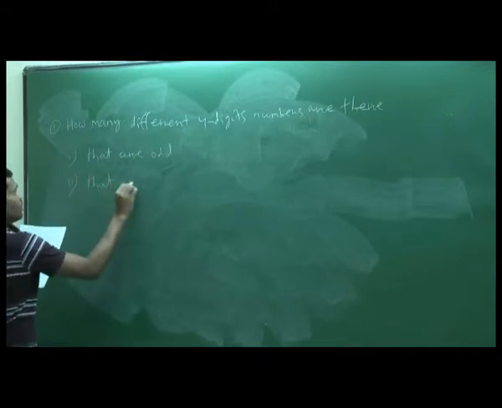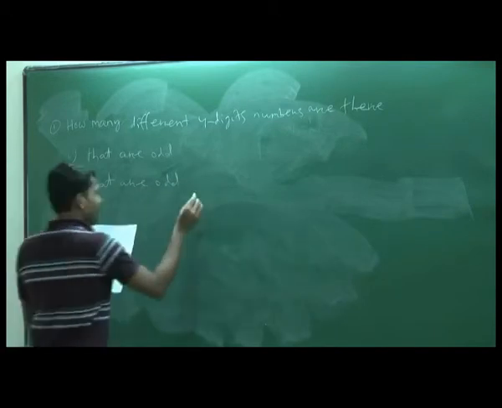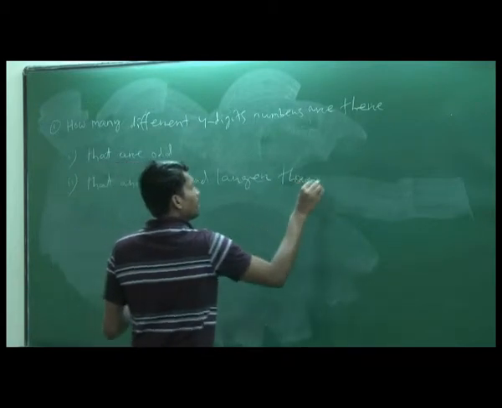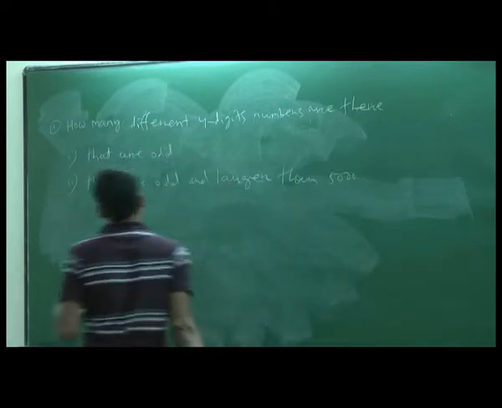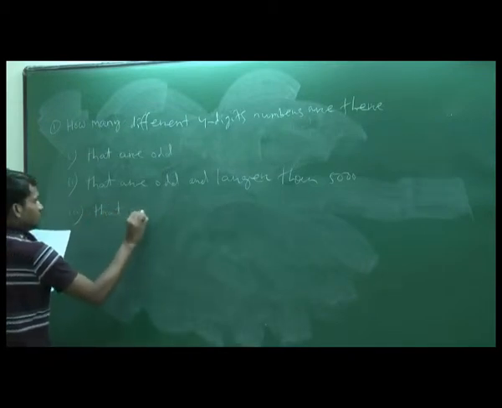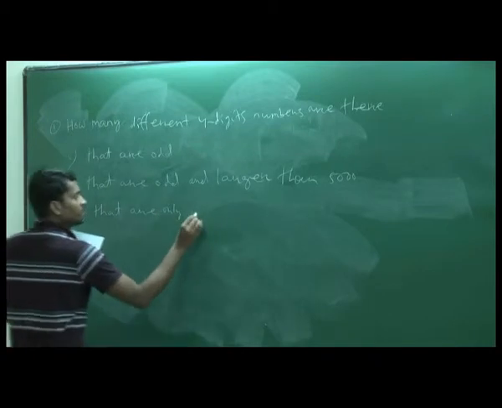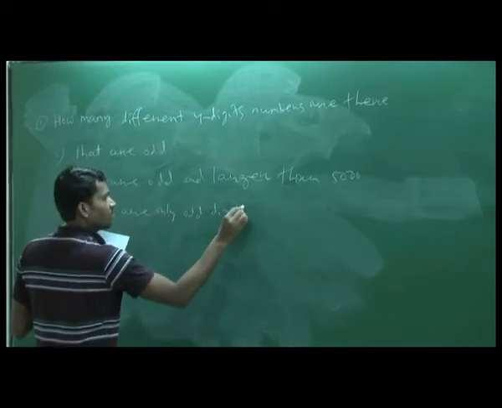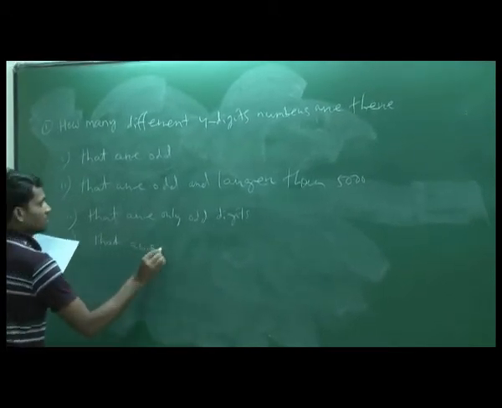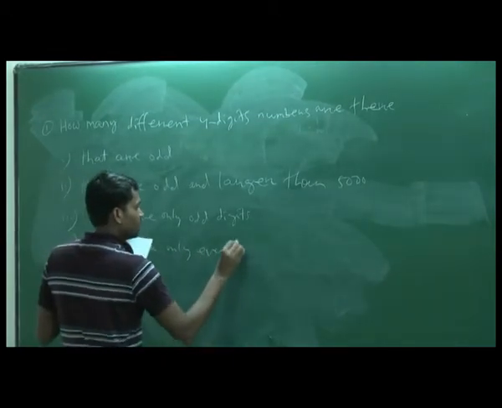Second, that are odd and larger than 5,000, since we are taking 4-digit numbers. Third, that are only odd digits. And fourth, that are only even digits.